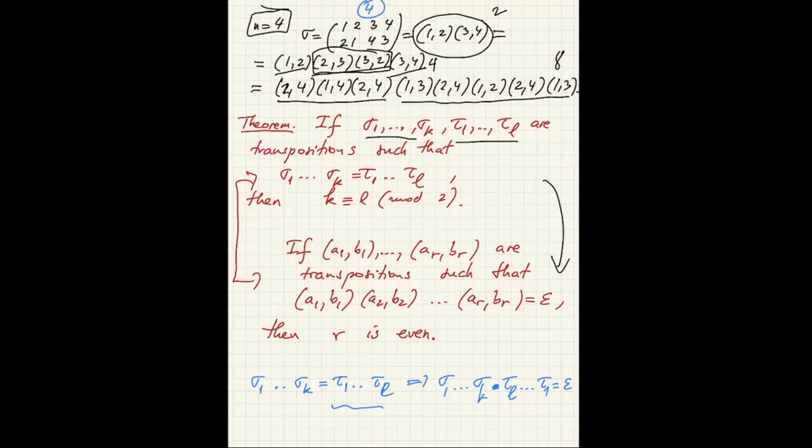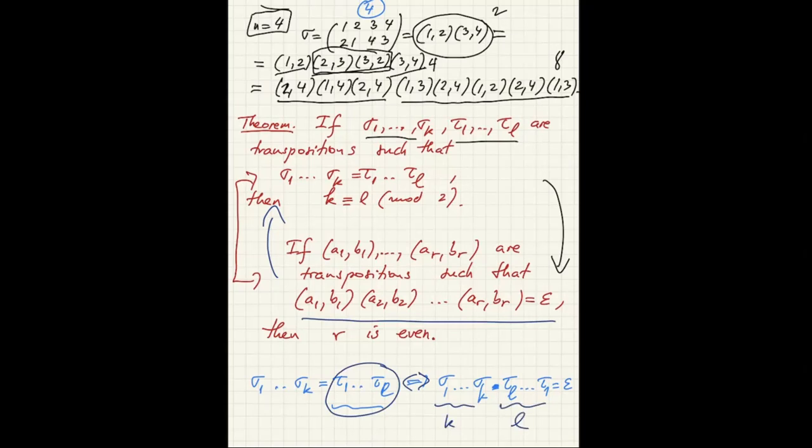But it's actually not hard to see that the statement below also implies the statement above, because whenever you have this product of sigmas equals the product of taus, you can write this equation in a similar form to what we have here by getting rid of these taus from the right-hand side. So the first equation is actually equivalent to the equation where you have the product of the first k permutations and then the other l transpositions.